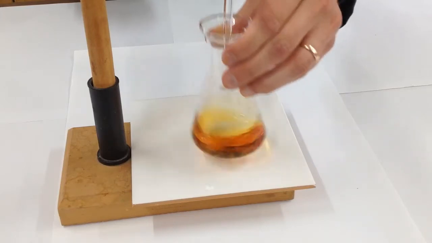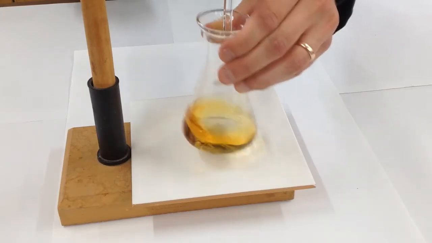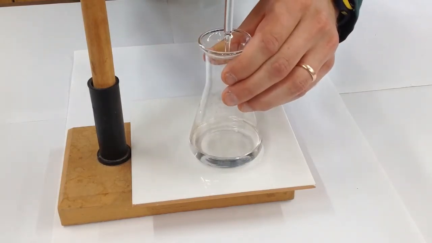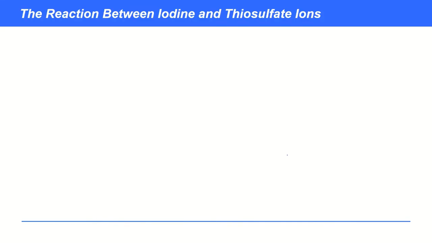See now it's going a yellow colour, and eventually we're completely colourless. Well, you've seen on the video this reaction taking place. Let's try and understand what just happened there.